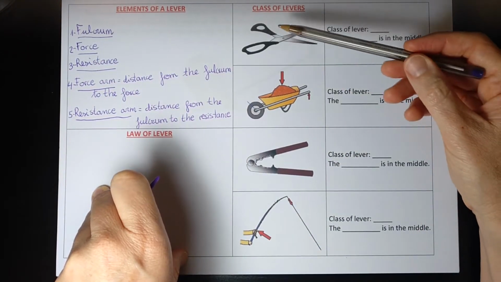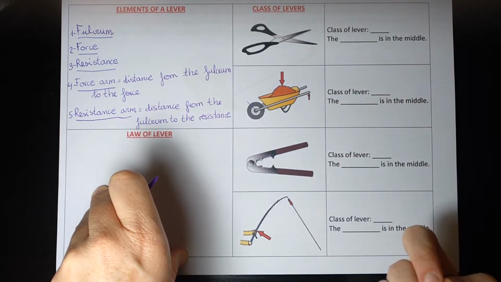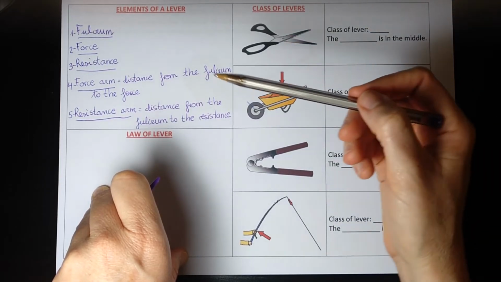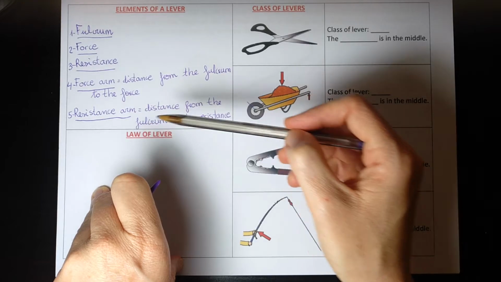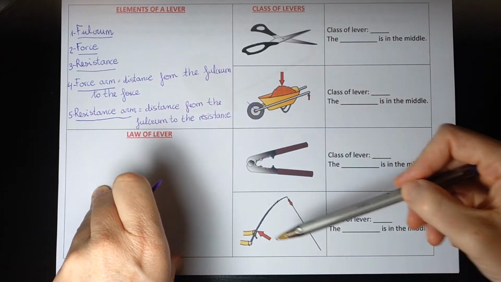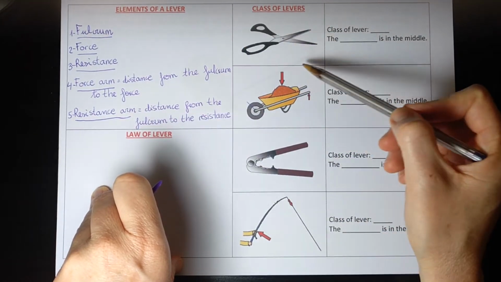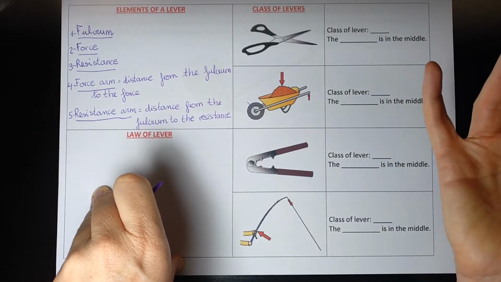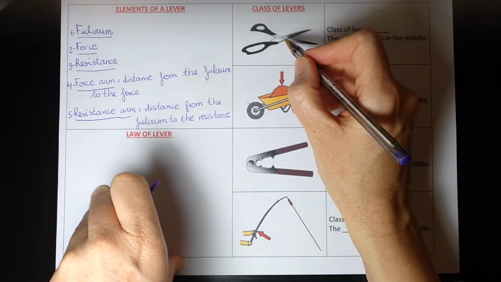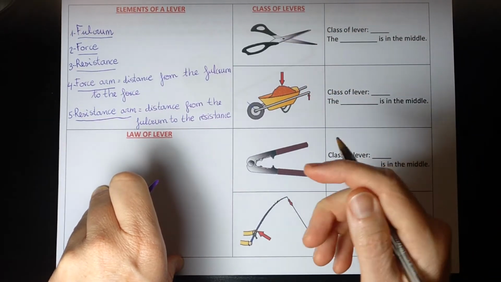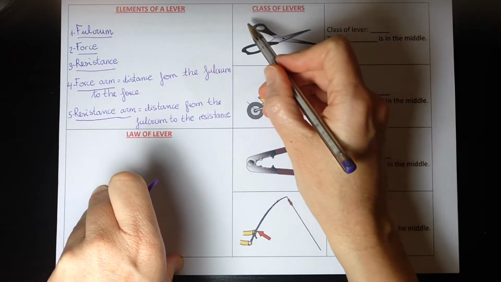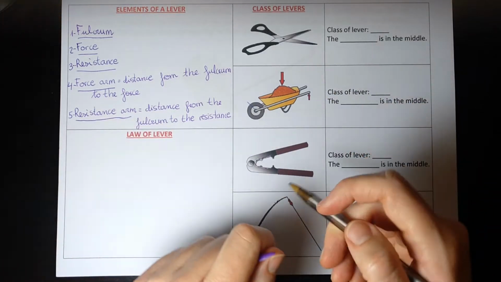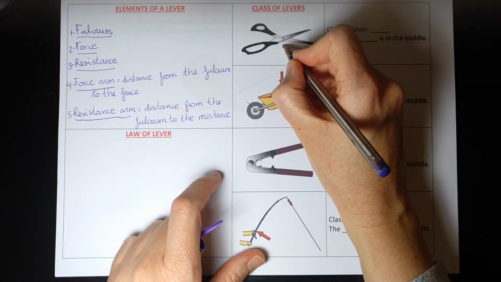And here on the right we have some examples. We can try to identify these elements in the different examples. For example, here we have a pair of scissors. It is easy to discover that this point where the two handles of the pair of scissors rotate is the fulcrum.